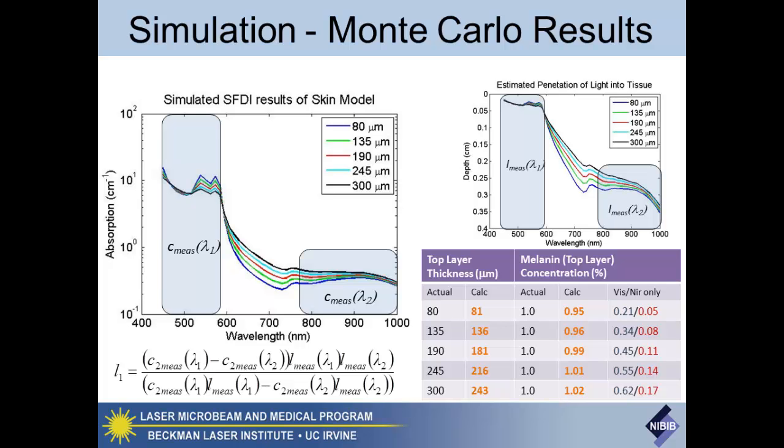Are there any companies that sell standard references? I know Intralipid may be something like that, but I would assume there could be something better that you could point us to. Yeah, in terms of thin samples, there really aren't many. There are some individual research groups that have published methods on making thin samples, here being one of them.